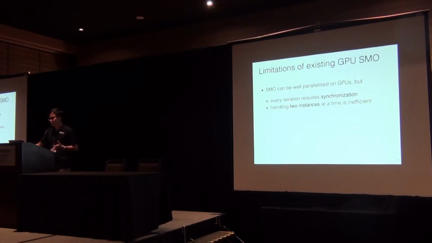But it's inefficient on a GPU, because we have so many computation resources, and each time we only consider 2 of the training instances. So our key idea is that instead of using 2 instances, we use 2 sets of instances, and then we can update the hyperplane of the SVM in a batch processing manner. So this is the key idea.